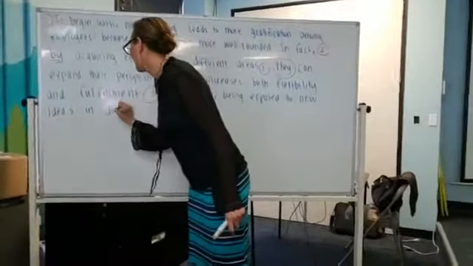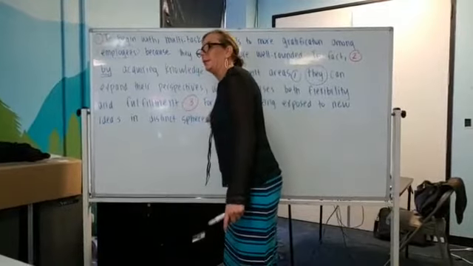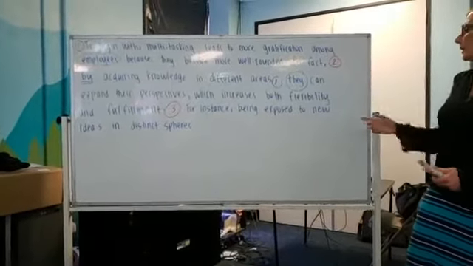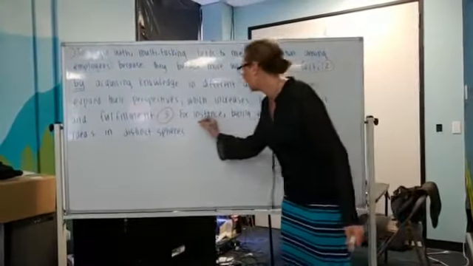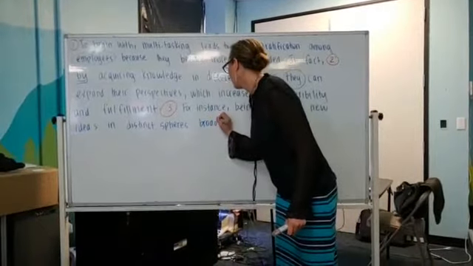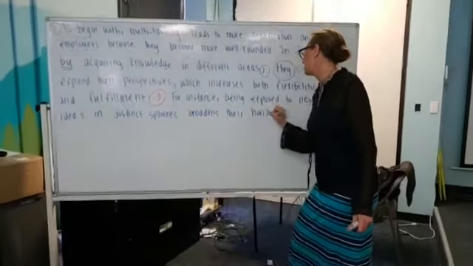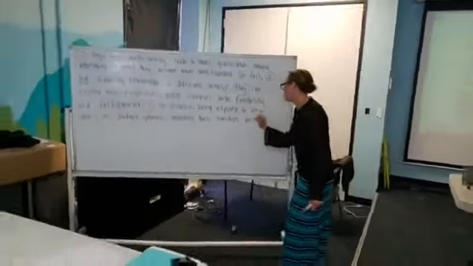In distinct spheres. This guy's an amazing writer. He did very well on the writing section of the TOEFL. Being exposed to new ideas in distinct spheres broadens their horizons, and provides.